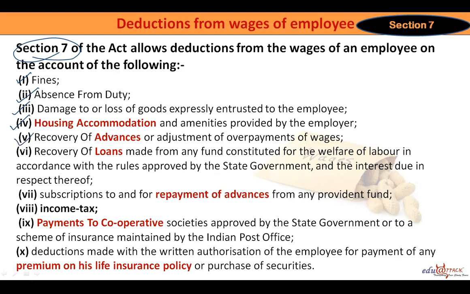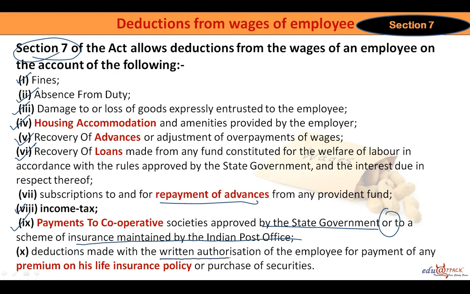Recovery of advances, recovery of loans, repayment of advances, even income tax: he can deduct income tax from the wages of an employee without asking them. Payment to cooperative societies approved by the state government or to a scheme of insurance maintained by the Indian Post Office. In this case also Section 7 prescribes deductions from the wages of an employee. Now the 10th deduction is deductions made with written authorization.